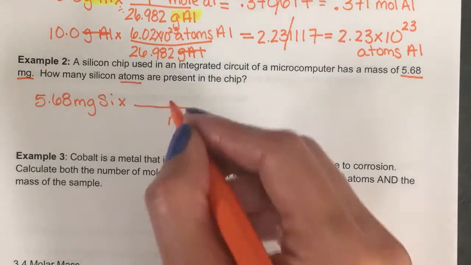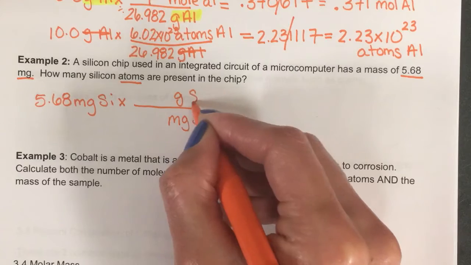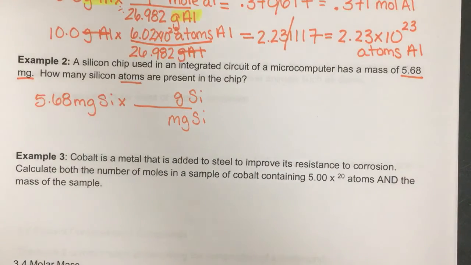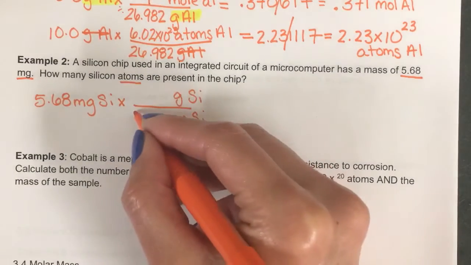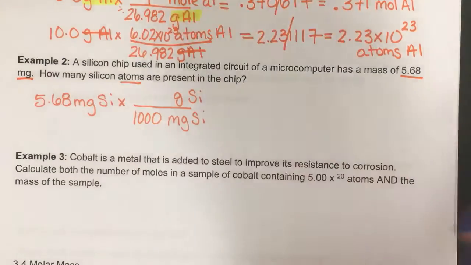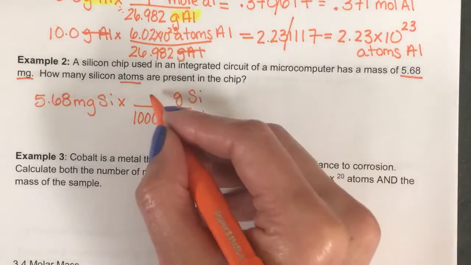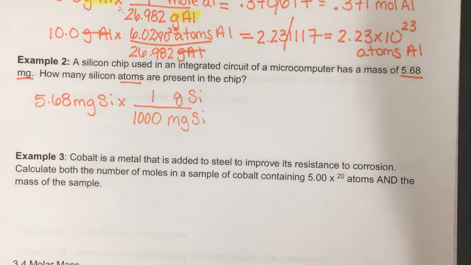Instead of milligrams, I need grams. Now, hopefully we learned those prefixes in the last chapter. Milli stands for a thousandth. There are 1,000 milligrams in every 1 gram.